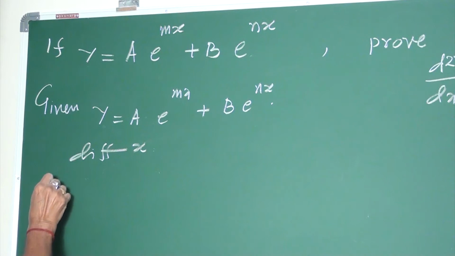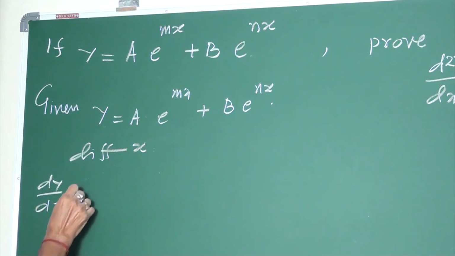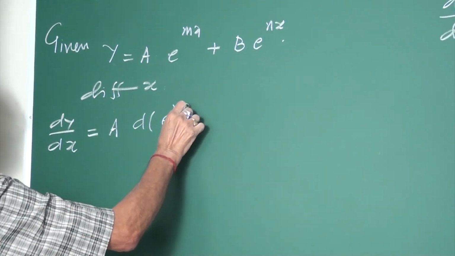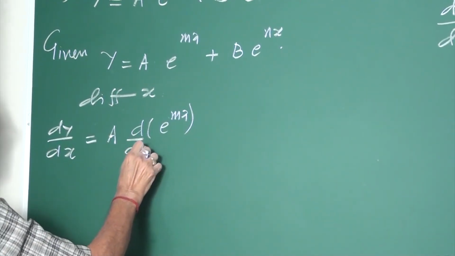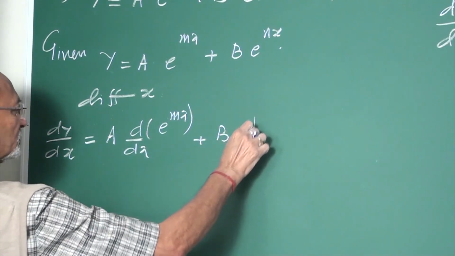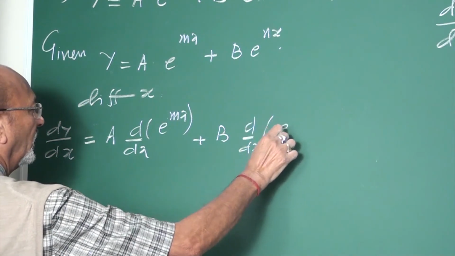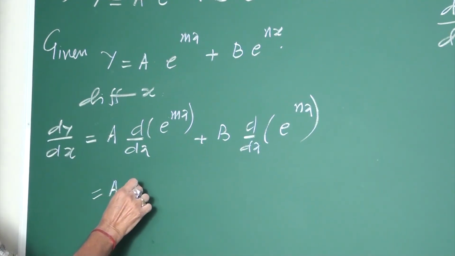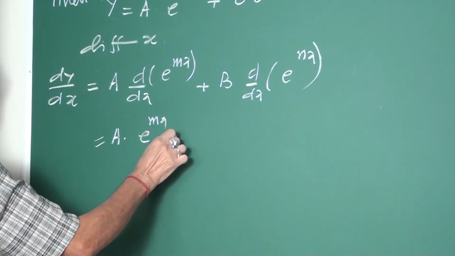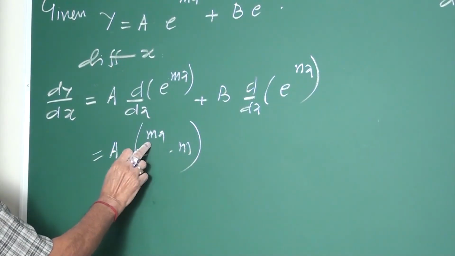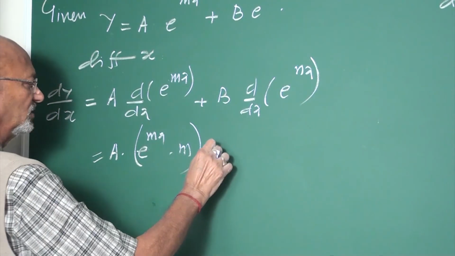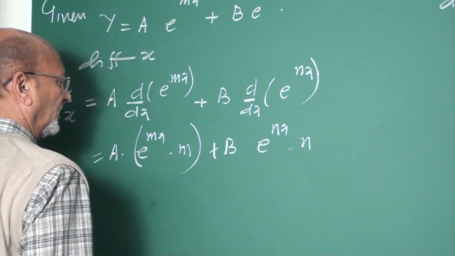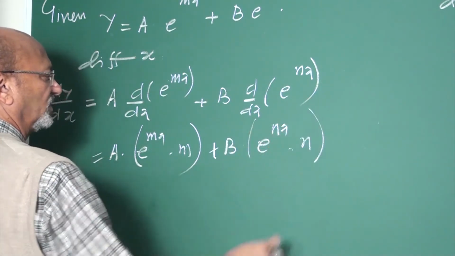Derivative of y is dy by dx. A into... if you want, write the support step, otherwise no. Write the next step directly, plus b into e to the power nx. Right. A into e to the power mx into m, since the derivative of kx is k, so mx gives m, plus b into e to the power nx. Derivative of nx is n.